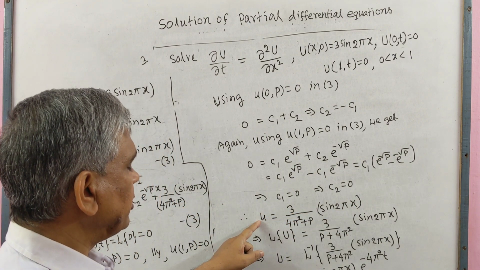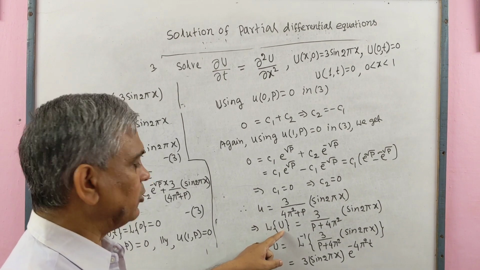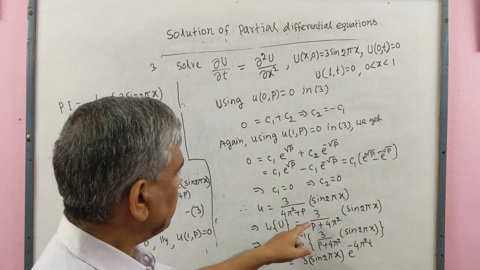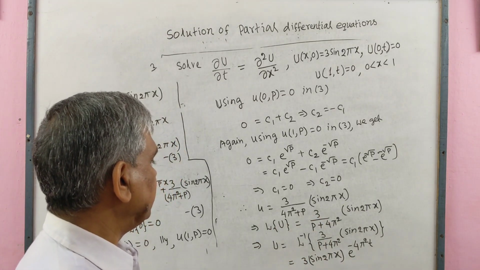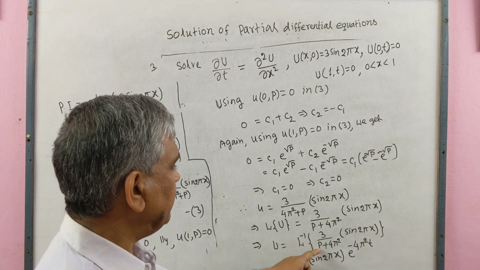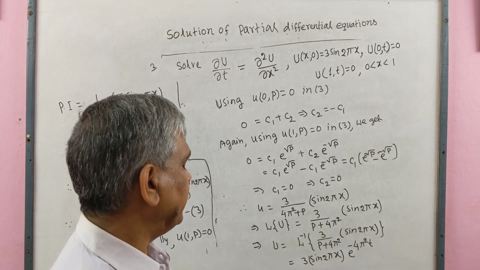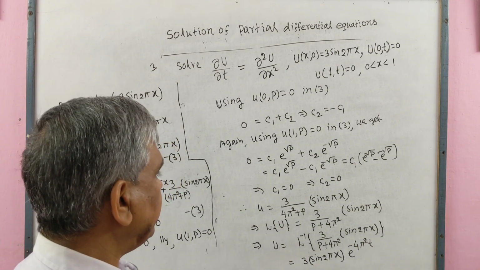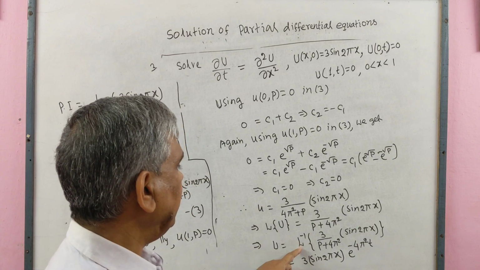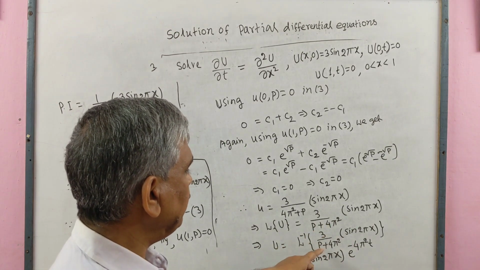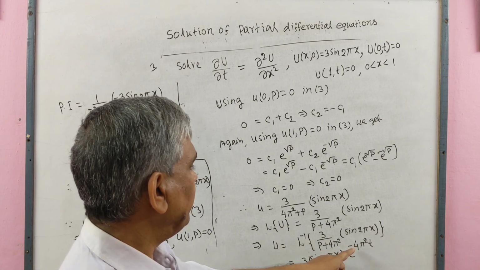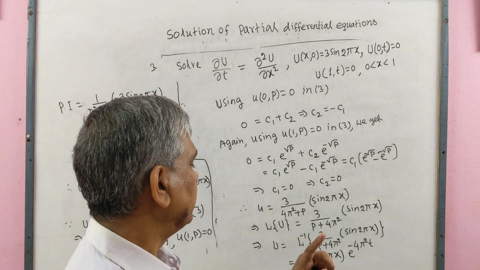Since small u is the Laplace transformation of capital U, the right side is the same. Now U = L inverse of 3/(p + 4π²) sin 2πx. Here we take 3 sin 2πx outside, and L inverse of 1/(p + 4π²) is e^(−4π² t).